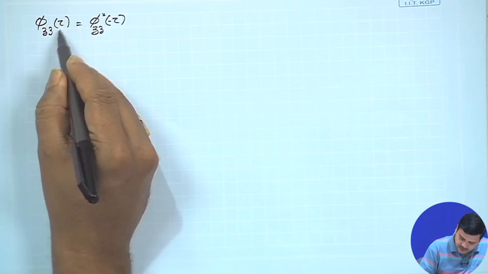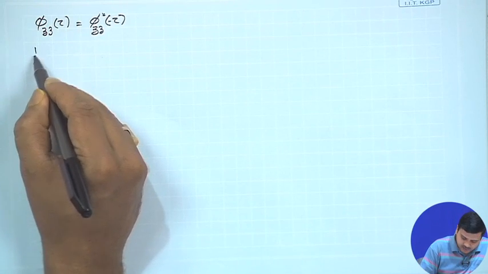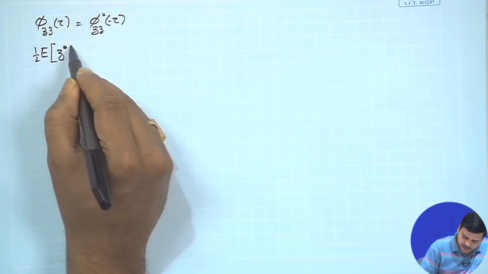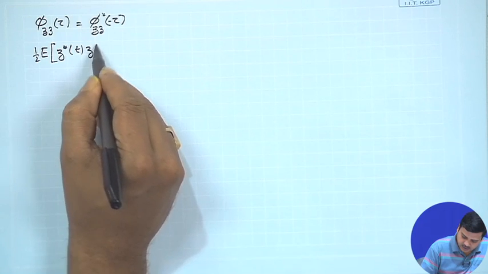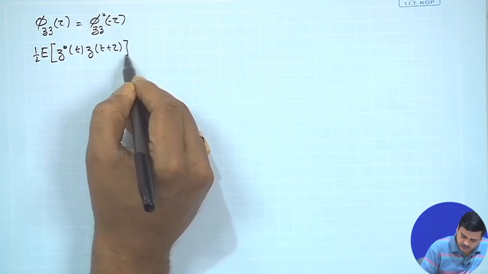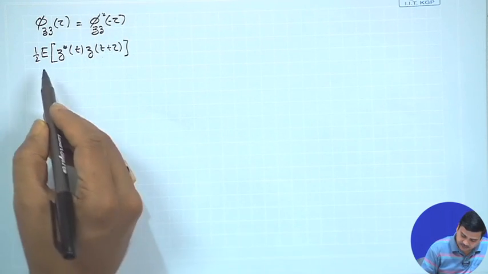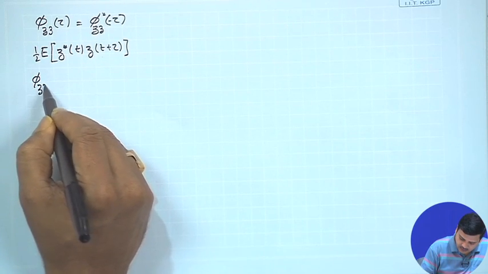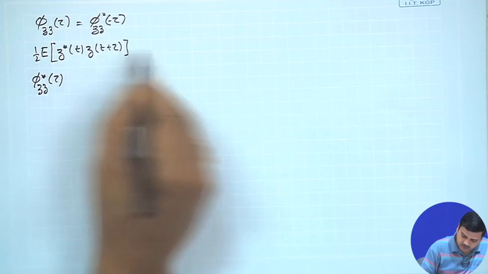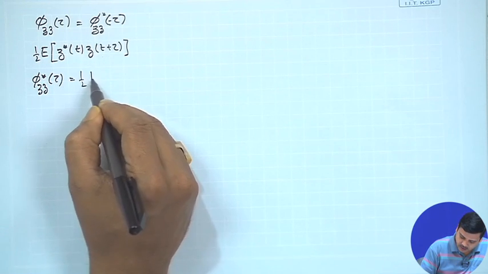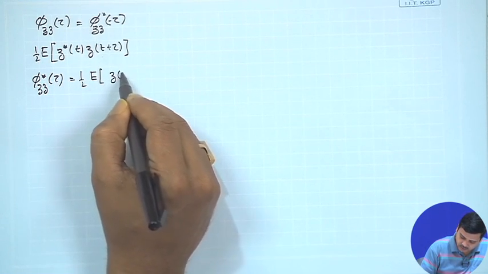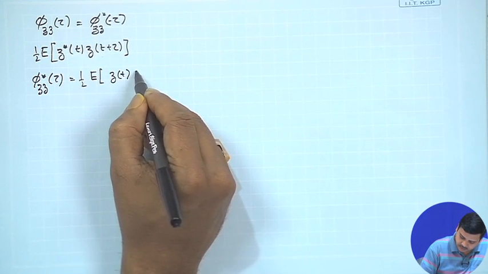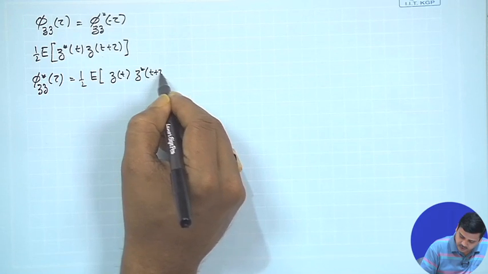So phi_z of tau, the left hand side, is equal to half E, where E is the expectation operator, of z conjugate of t times z of t plus tau, and phi_z conjugate of tau would be simply the conjugation of that, half E of z of t times z conjugate of t plus tau.